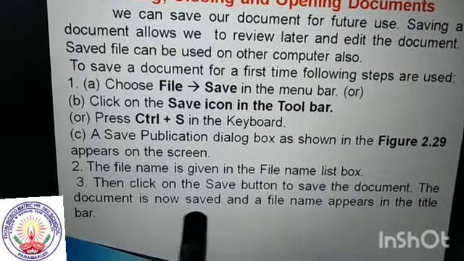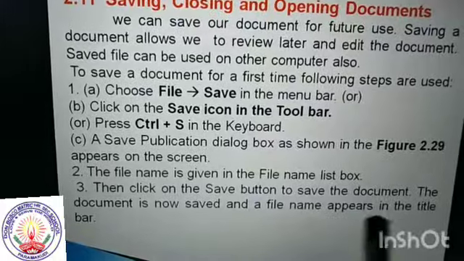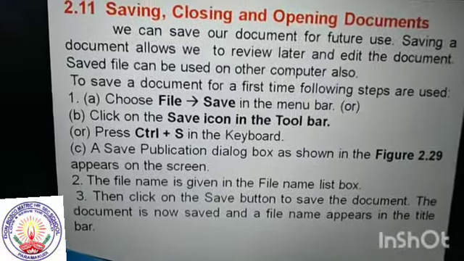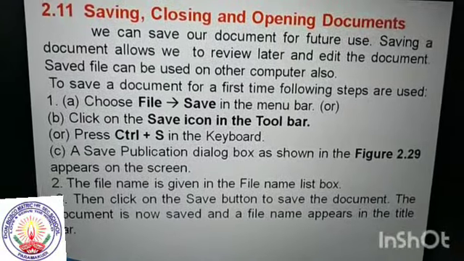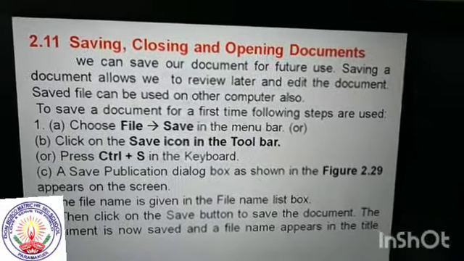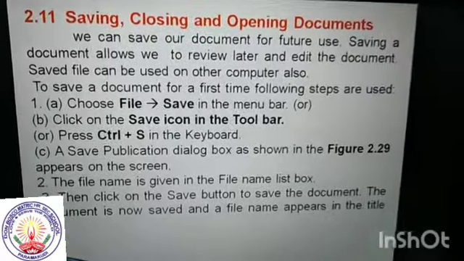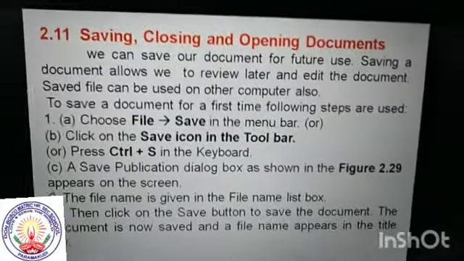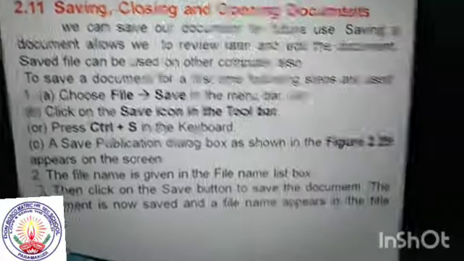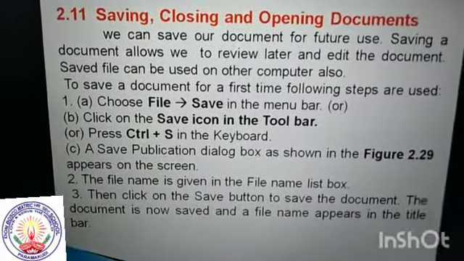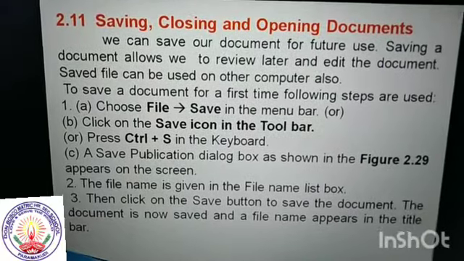The document is now saved and the file name appears on the title bar. Just see the title bar in your book, figure 2.29. This is the concept of saving a new document.